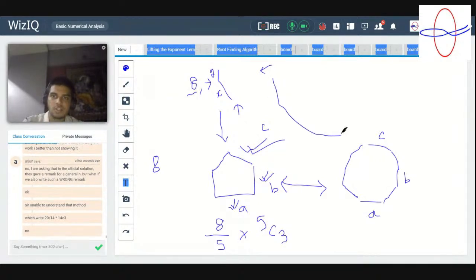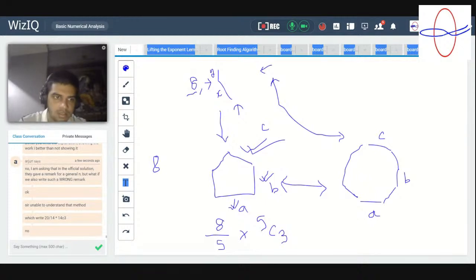Did anybody else understand this? Is anyone else fine with this? So what we are doing is we are removing three sides first of all, and we are left with a pentagon, right? And the idea is any three sides that you select from here, you can map to three sides here.